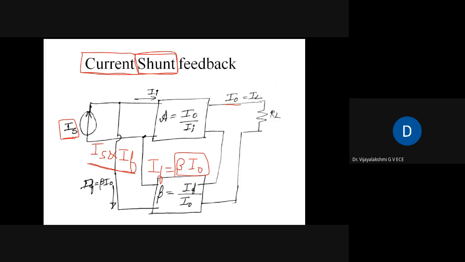So what type of gain do we get from current shunt feedback? Current gain. Because gain is the ratio of output signal to the input, right? What is the output? I naught. And what is the input to your amplifier? It is II. Both are current. So you get current gain. So these are the four different types of feedback.